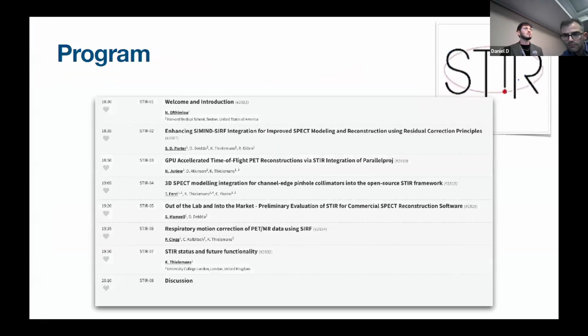Yes. For the modeling of the pinhole, it looks like it was just a geometric model. Yes. It didn't include septal penetration. No. My contribution was only to replicate the geometry by calculating the geometric value of the PSF.